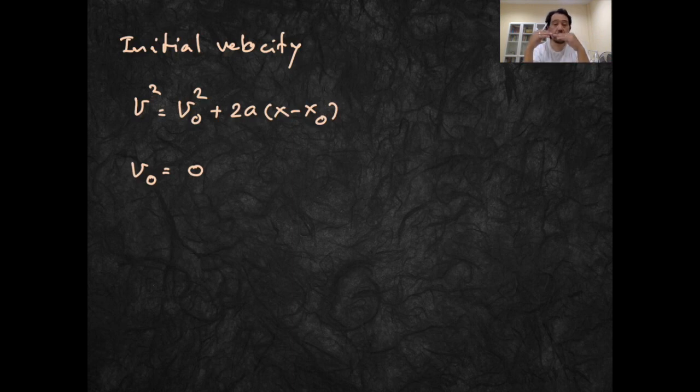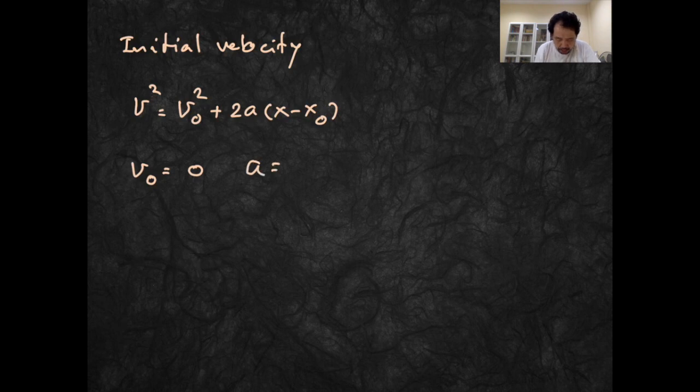Because the frog is initially at rest, and then it starts the mechanism of straightening its leg, and accelerates with the 4 km per second squared to gain the initial velocity. So the frog starts from 0 velocity, and what we want to know is the value of v.